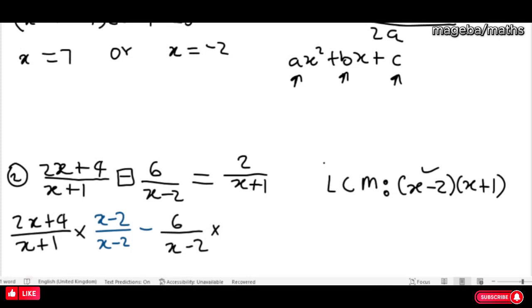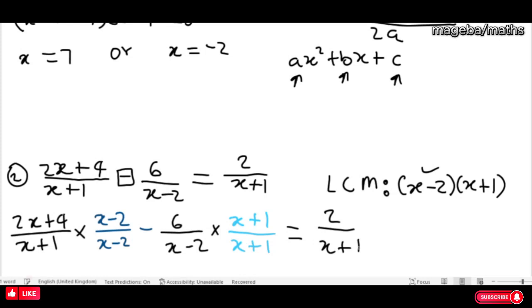So we're going to times with x plus 1 all over x plus 1, and then it is equal to, we do the same thing also here. We have 2 into x plus 1. We need to times with the factor that we don't have.